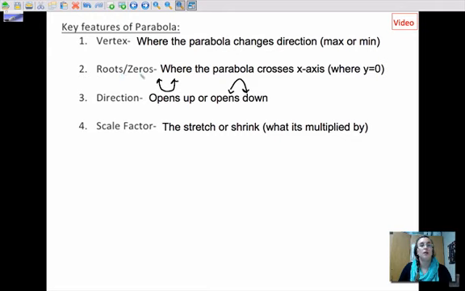These two words, when you're talking about a parabola, mean the same thing. Okay? And this word, roots or zeros, is where the parabola crosses the x-axis. So, where y equals 0. So in a line, we look at where the line crosses the y-axis. In a parabola, we think about the two places where it crosses the x-axis.